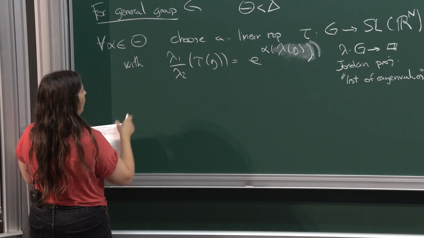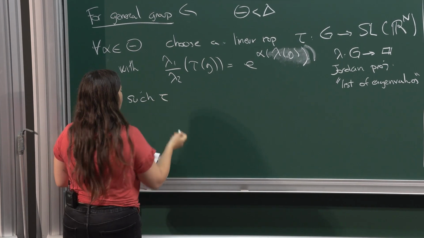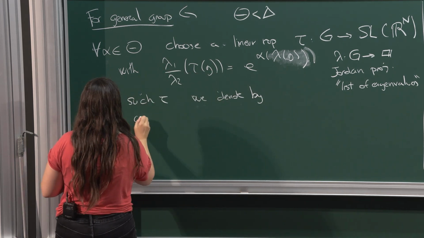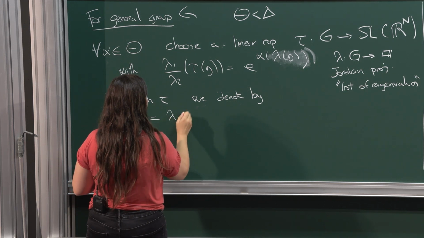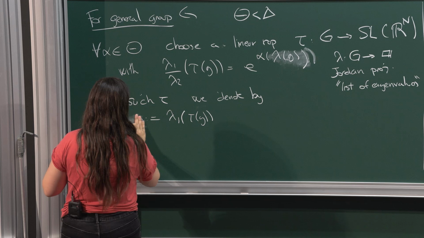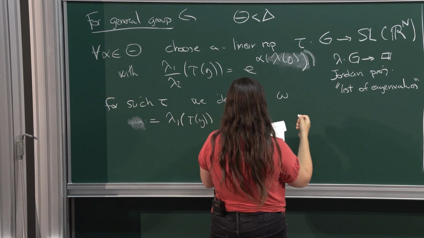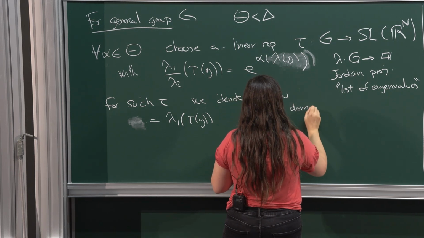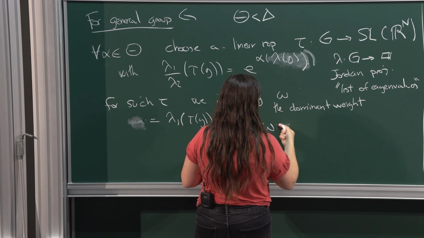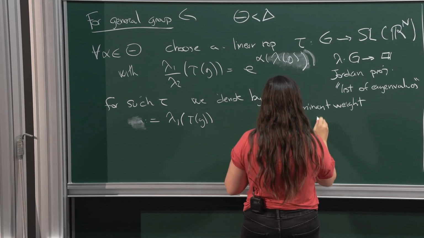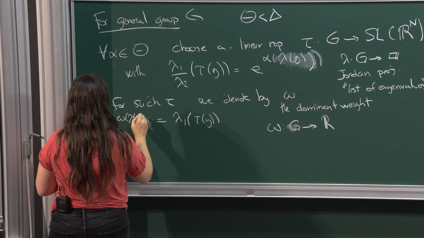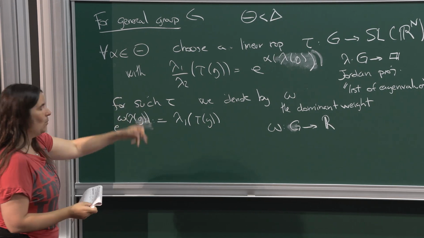And then for such tau, we denote by omega the associated dominant weight, where omega is now a function from G to R and satisfies e to the omega of lambda of g is equal to lambda 1 of tau of g.